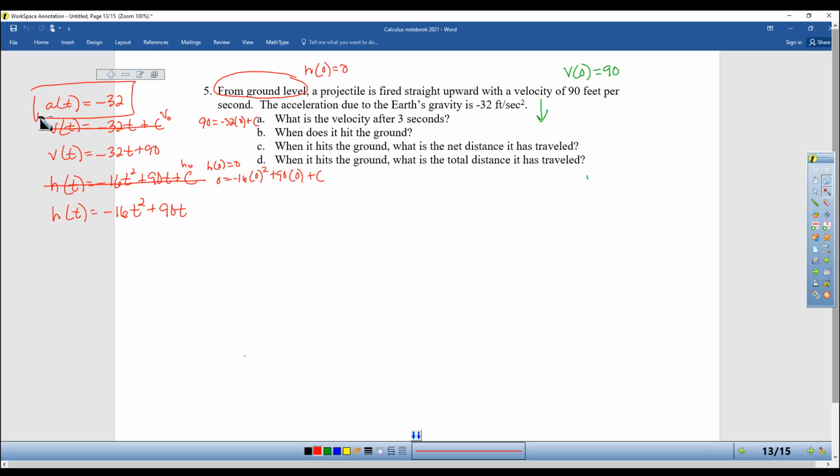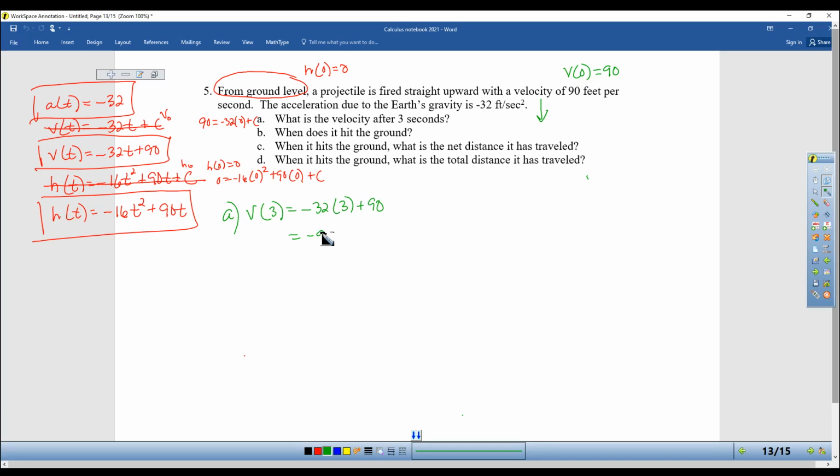Okay, so I've got my three equations. I didn't even read the problem yet. I just like to have my three equations, and then I ask myself, which one do I need? So for part A, what is the velocity after 3 seconds? See, now I can just jump straight to the answer. Oh, they want to know the velocity at 3 seconds. I've got an equation for that. Negative 32 times 3 plus 90.